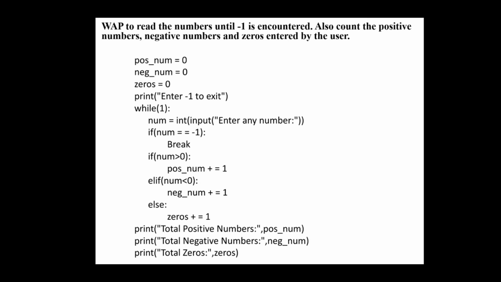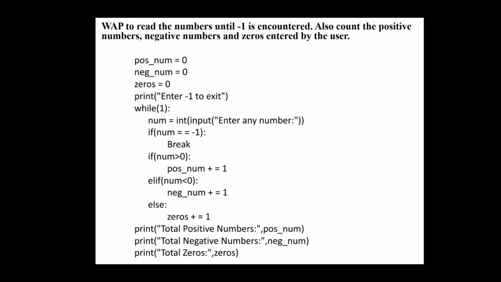Now from the user, if we take 2, then first check num == -1, that is false, so we will not enter that branch.